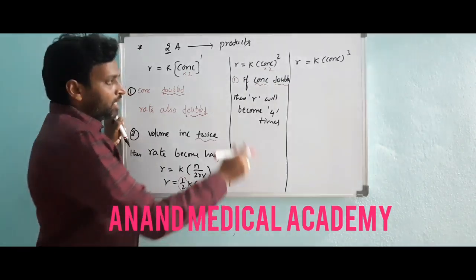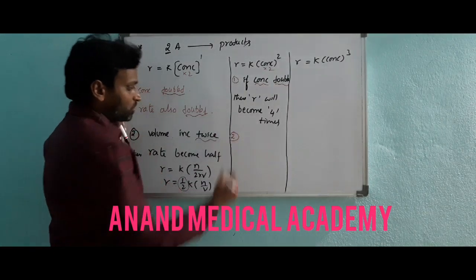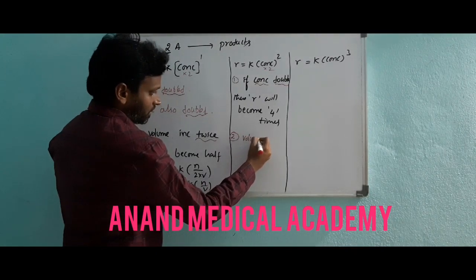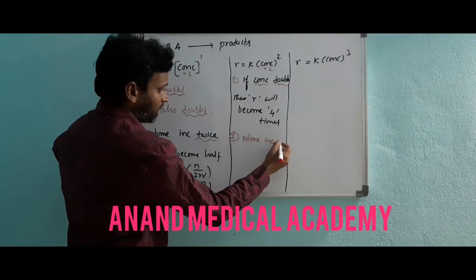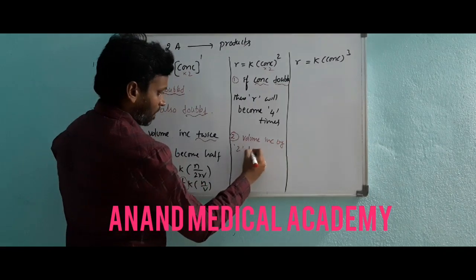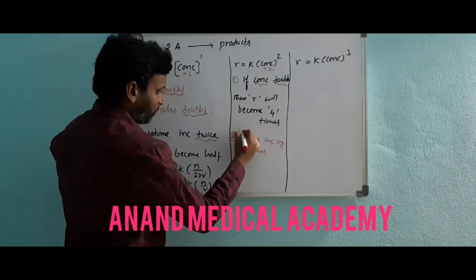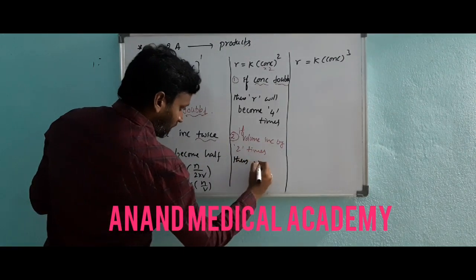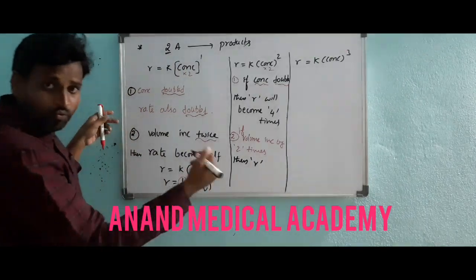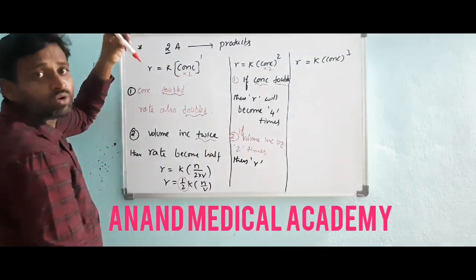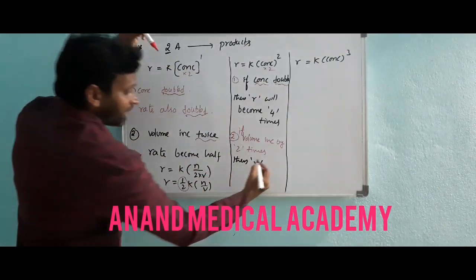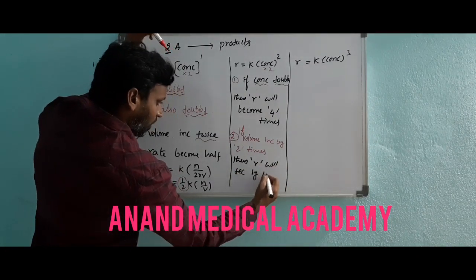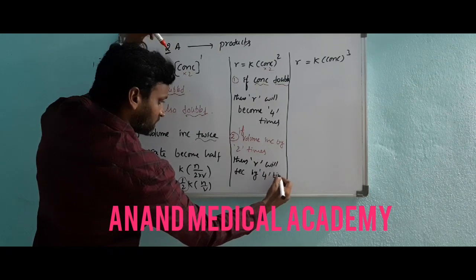Got it clearly? So the second thing we have to discuss is volume. If volume increases by 2 times, then the rate will decrease by 4 times.